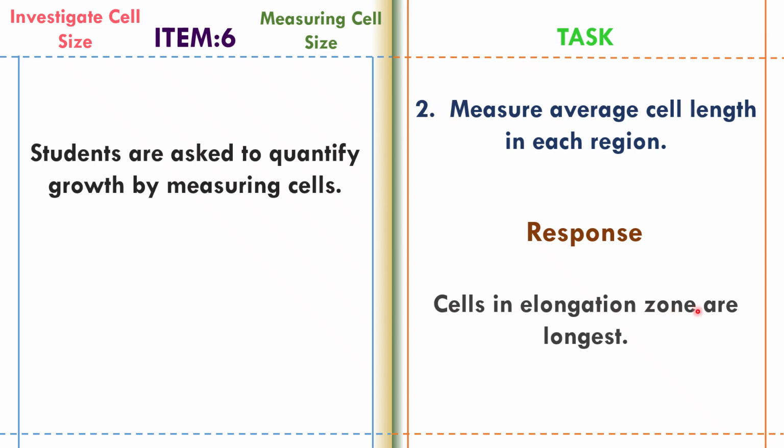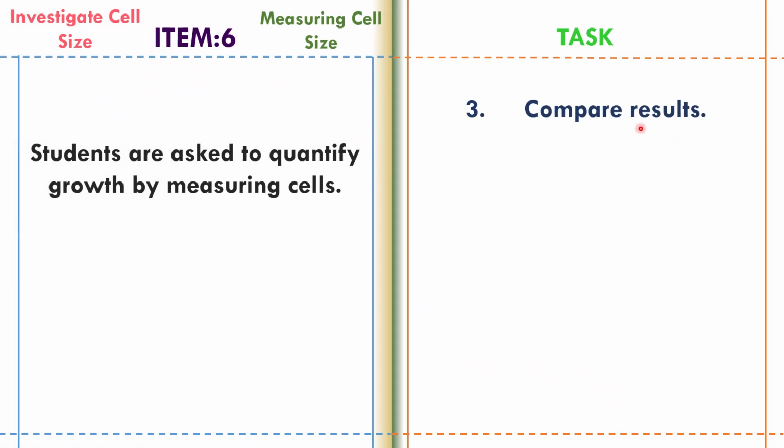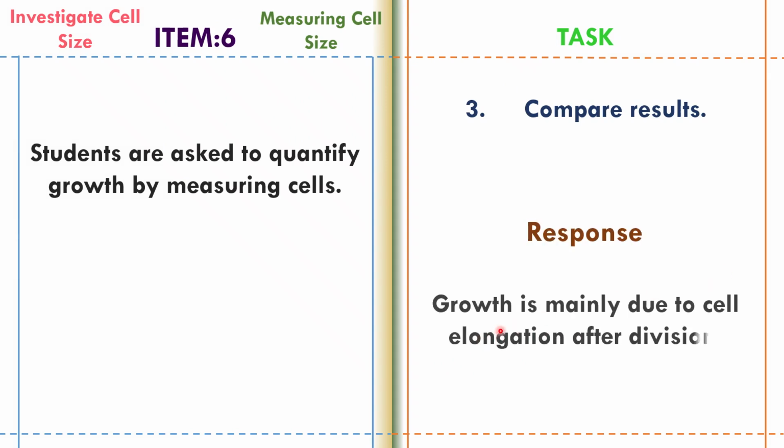Cells in elongation zones are longest. Compare results: growth is mainly due to cell elongation after division.